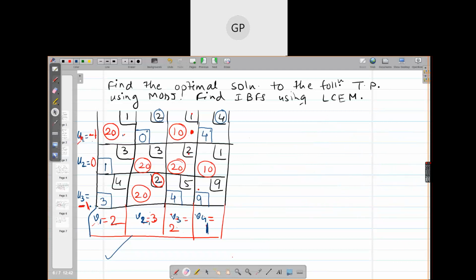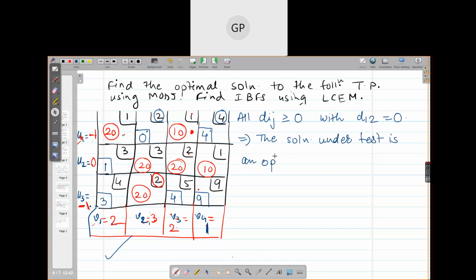No. So you should write that observation: all Dijs are greater than or equal to 0, with D12 equal to 0. This implies the solution under test is an optimal solution, but there is an alternate solution.